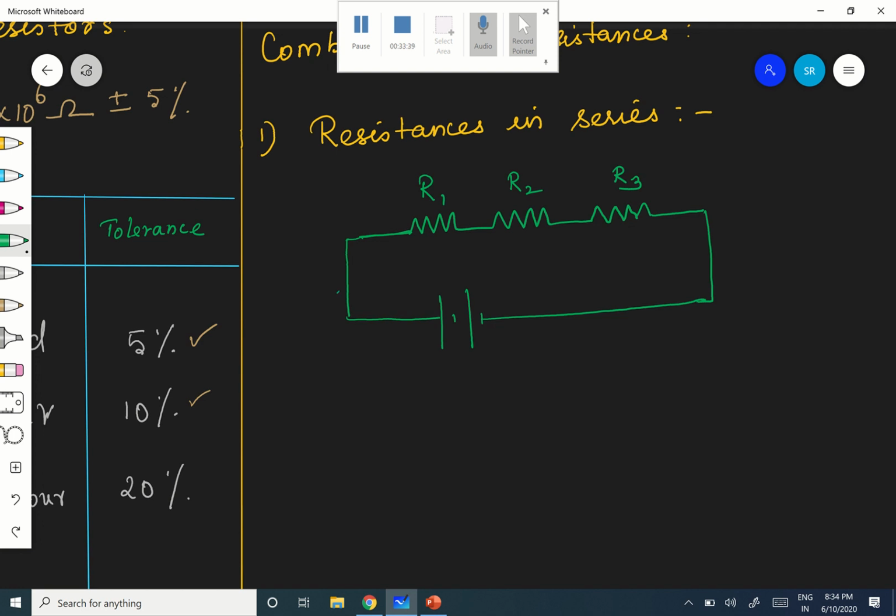The current direction will be from positive to negative, so the current will go in this direction. The potential difference applied here is V, and the current is I. Let me name the points: this is A and this is B. Up to A the current comes here, and the current does not have any other option, so the full current has to pass through.